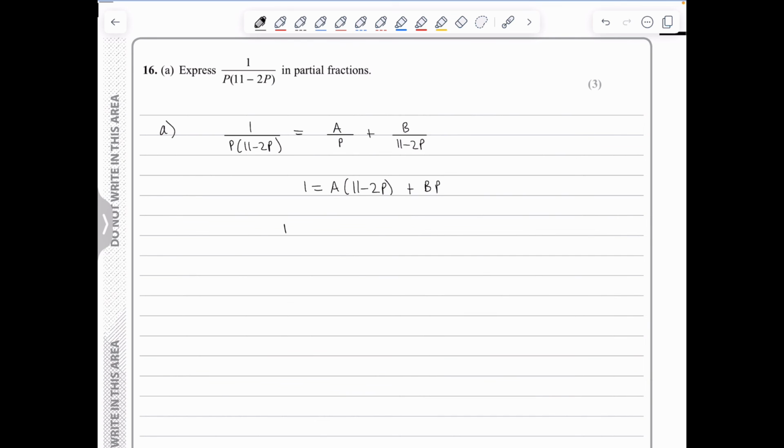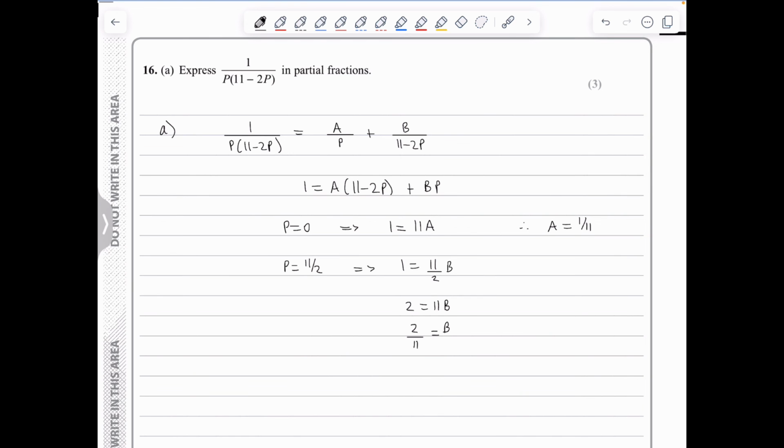Substituting p is 0 leads to 1 is 11a, and therefore we have that a is 1 over 11, and substituting p to be 11 over 2, we get that 1 is 11 over 2 b. So 2 is 11b, which leads to 2 over 11 being b.